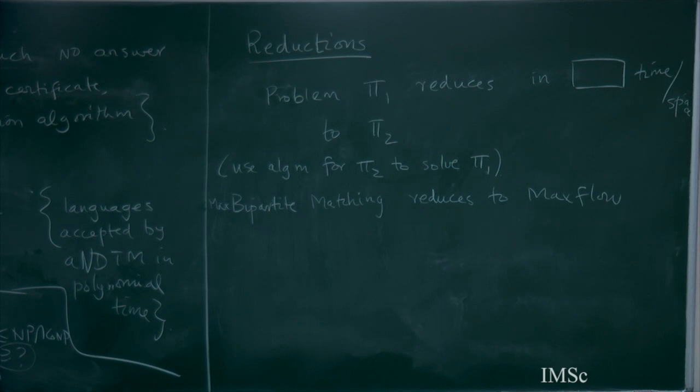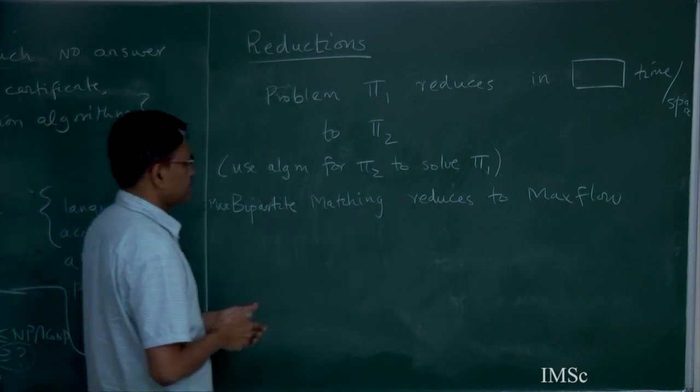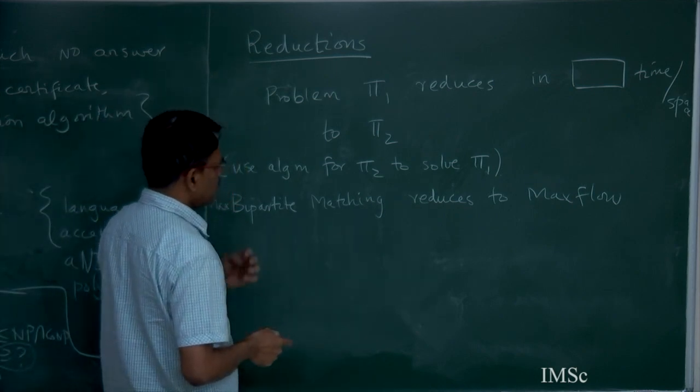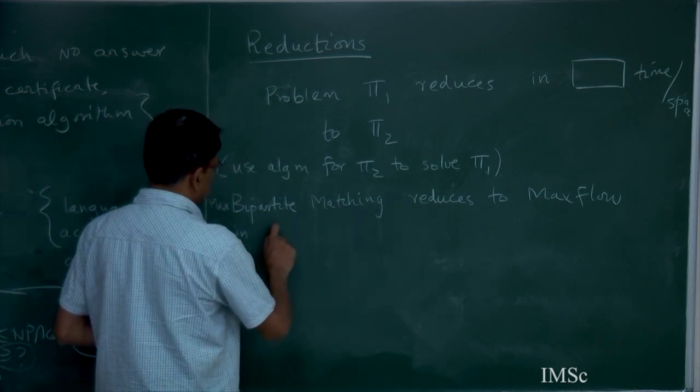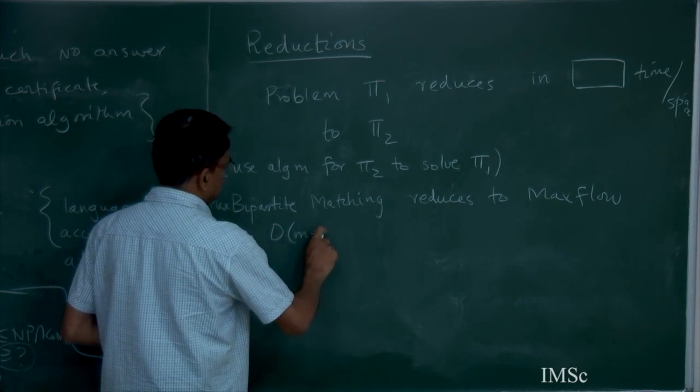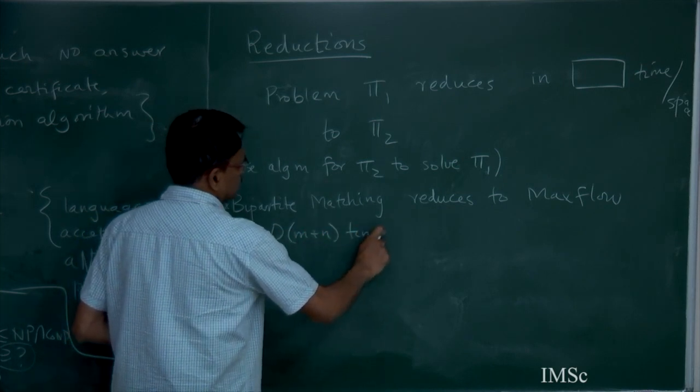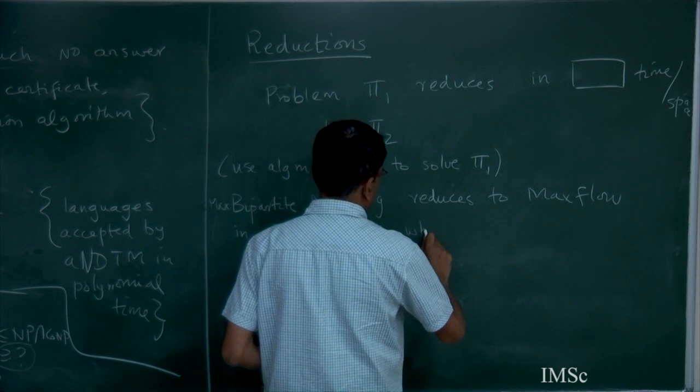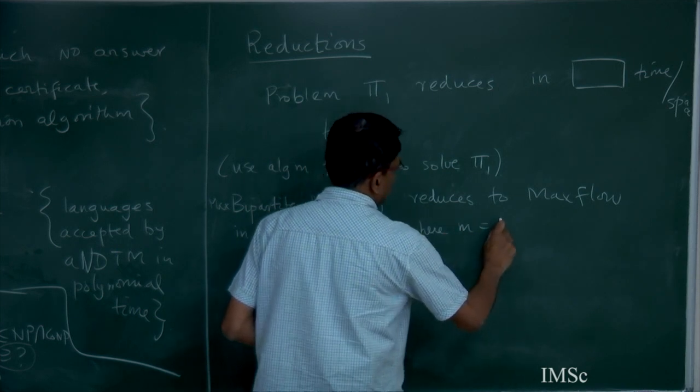And how did we solve it? We set up a flow network, solved the max flow, and from there you get your answer to your matching problem. And how much time did we take? I would say we took m plus n time, where m is the number of edges.